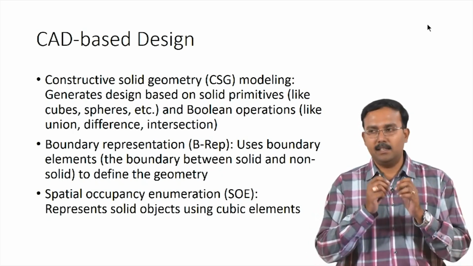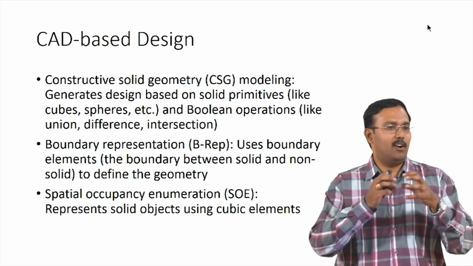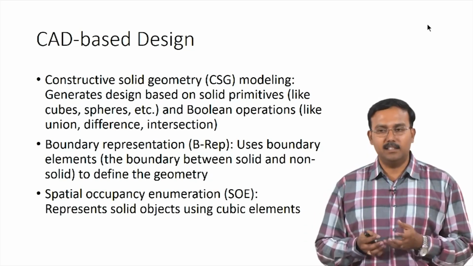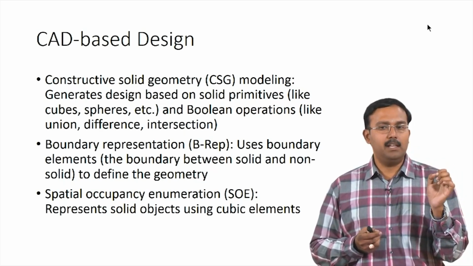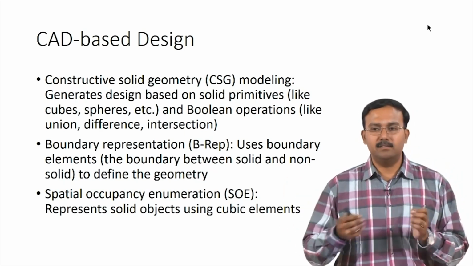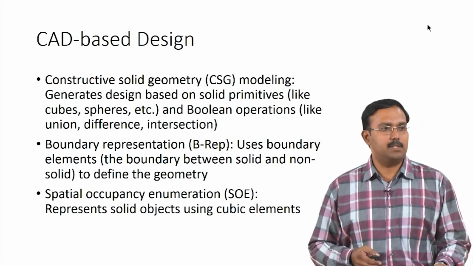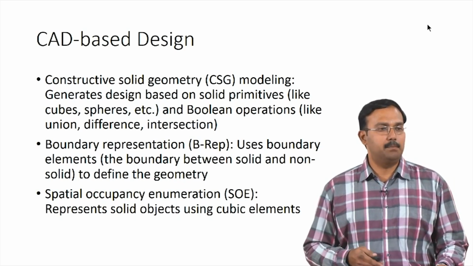These are 3D cubes which are used, and you can organize these to get the desired shape. If your voxel is very small, then you can get very nice 3D structures. These are just some of the strategies which are used for designing the scaffolds using 3D printing.